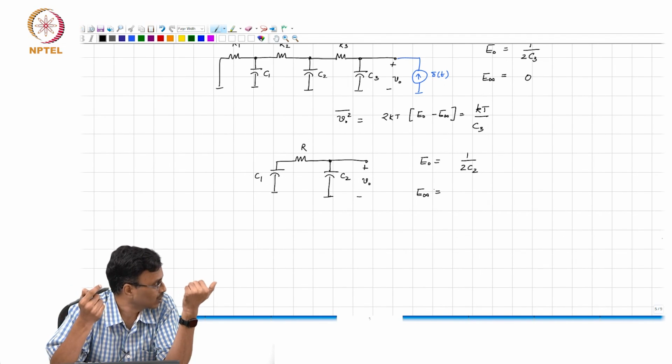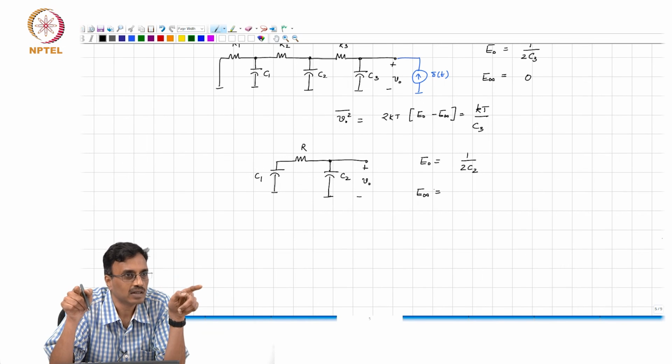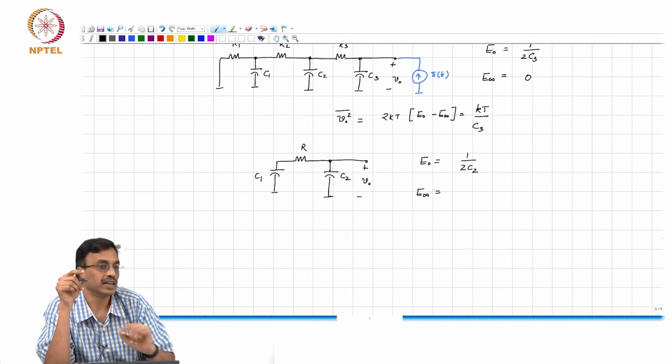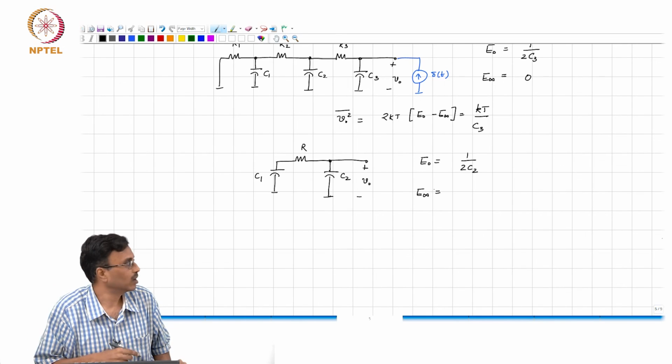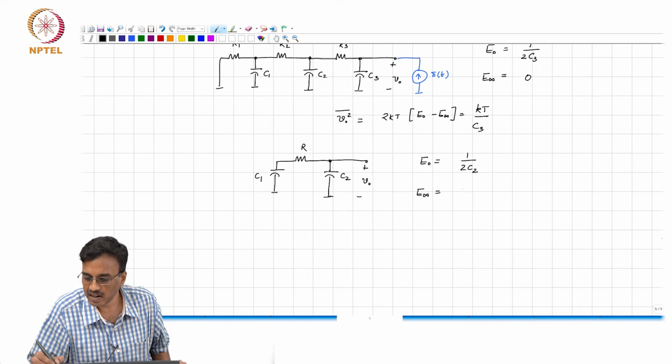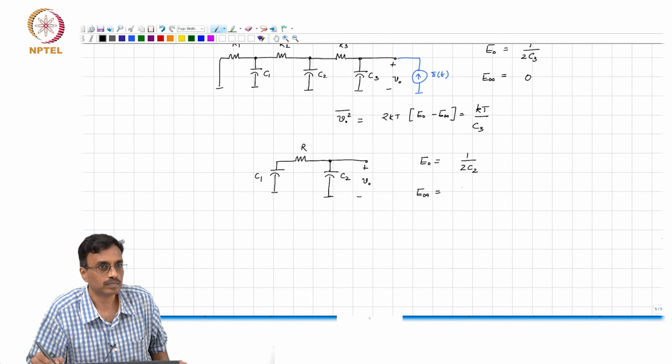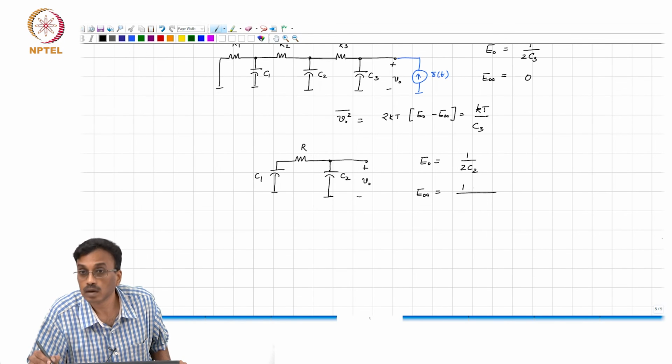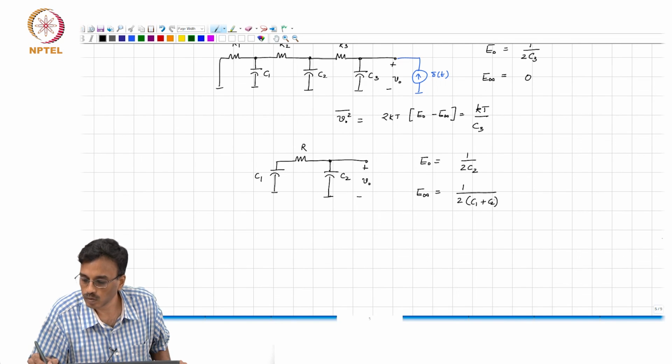So, whatever charge there was in C2 must be shared between C1 and C2, and therefore, the voltage at t equal to infinity is 1 over C1 plus C2. So, what is the energy at t equal to infinity? One over 2 times C1 plus C2.